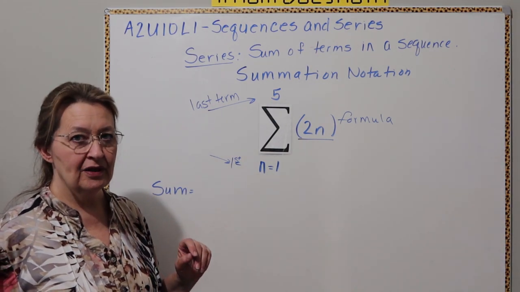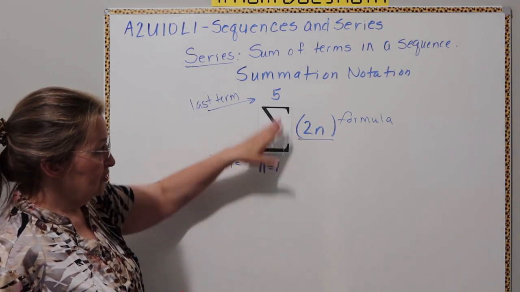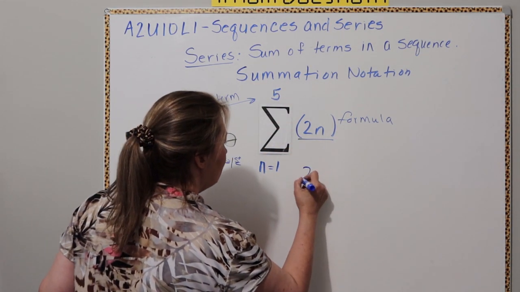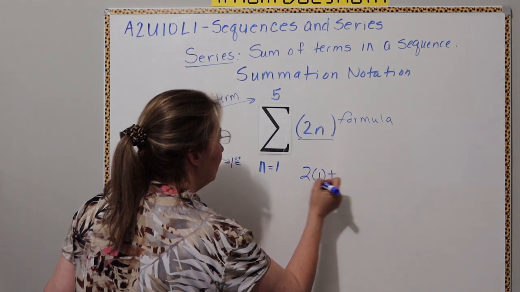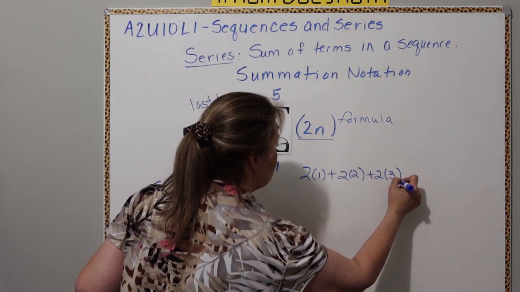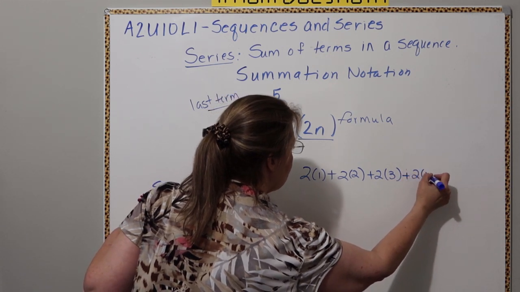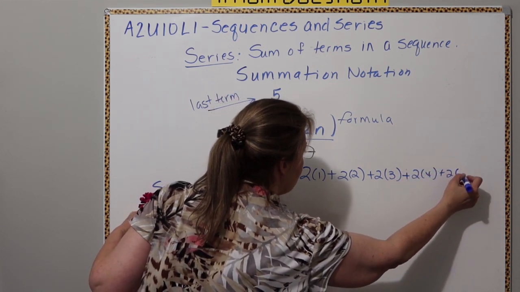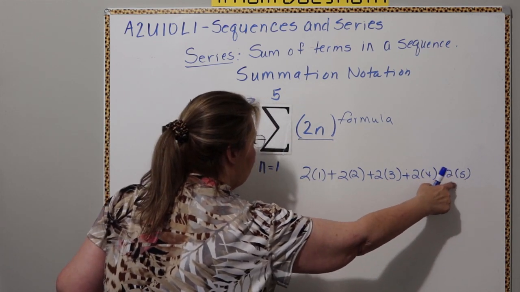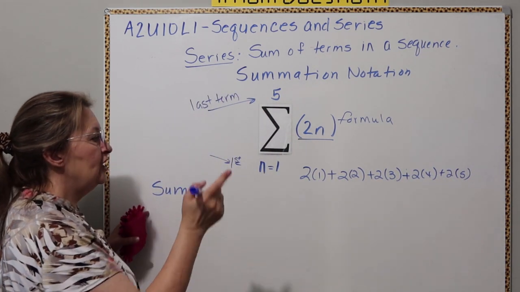That is a summation. So let's do this one. 1 to 5 for 2n. So I'm going to take 2n and I'm going to substitute 1, and I'm going to substitute 2, 2 times 3 plus 2 times 4 plus 2 times 5. Starting number, ending number with the formula for each one.